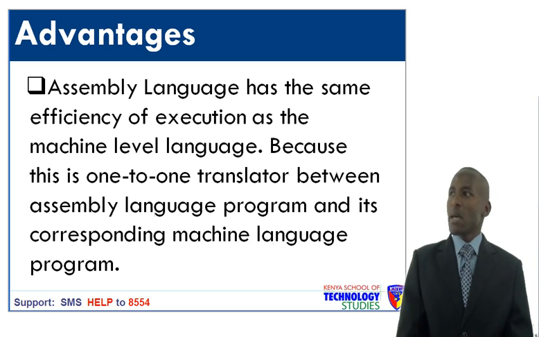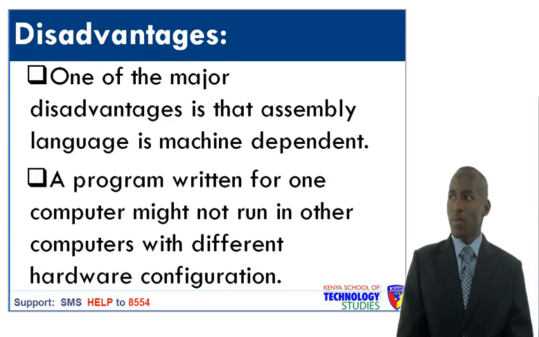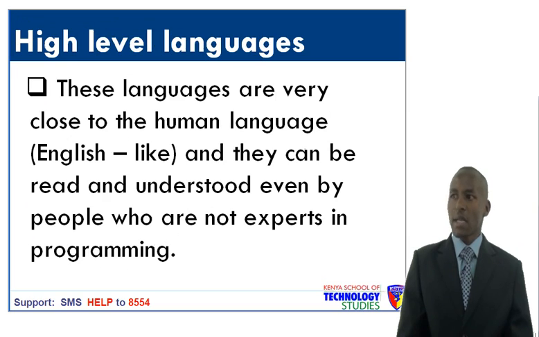Assembly language has the same efficiency of execution as the machine level language because there is a one-to-one translation between an assembly language program and its corresponding machine language program. Disadvantages. One of the major disadvantages is that assembly language is machine dependent. Again, a program written for one computer might not run in other computers with different hardware configuration.